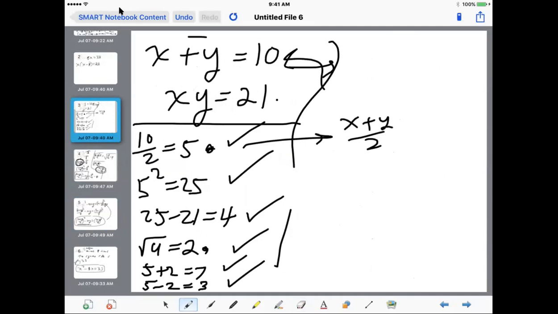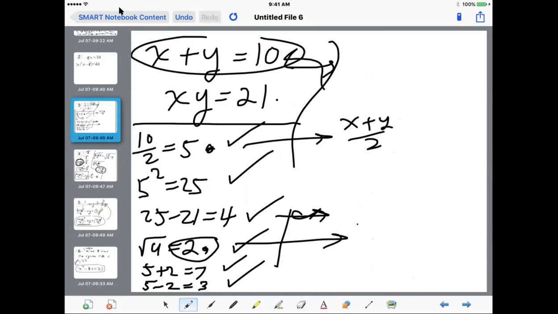Literally, it's just the X plus Y over 2. But here, after you take the square root, this 2 is going to be X minus Y over 2. And when you add X plus Y over 2 plus X minus Y over 2, you just get 2X over 2, which is X. And when you subtract X plus Y over 2 minus X minus Y over 2, you get 2Y over 2, which is Y.